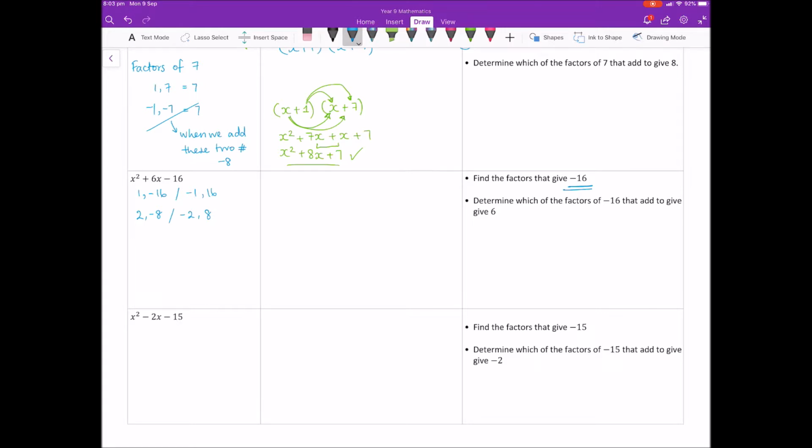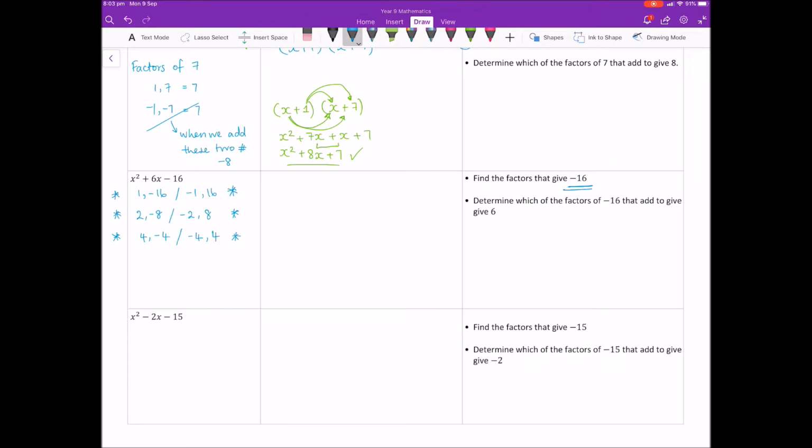We can also have 4 times negative 4 and negative 4 times 4, so whichever combination totally works. Looking at these combinations now, we need to work out which one of these 6 combinations will add to give us positive 6.